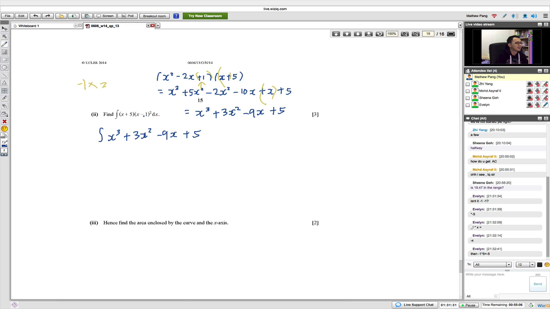When you expand x minus 1 squared, you should get positive 1. Why do you get negative 1 for that one? You're just trying to imagine x minus 1 multiple x minus 1. You will get x squared minus 2x plus 1, isn't it? Am I correct? Okay, I think I'm correct.